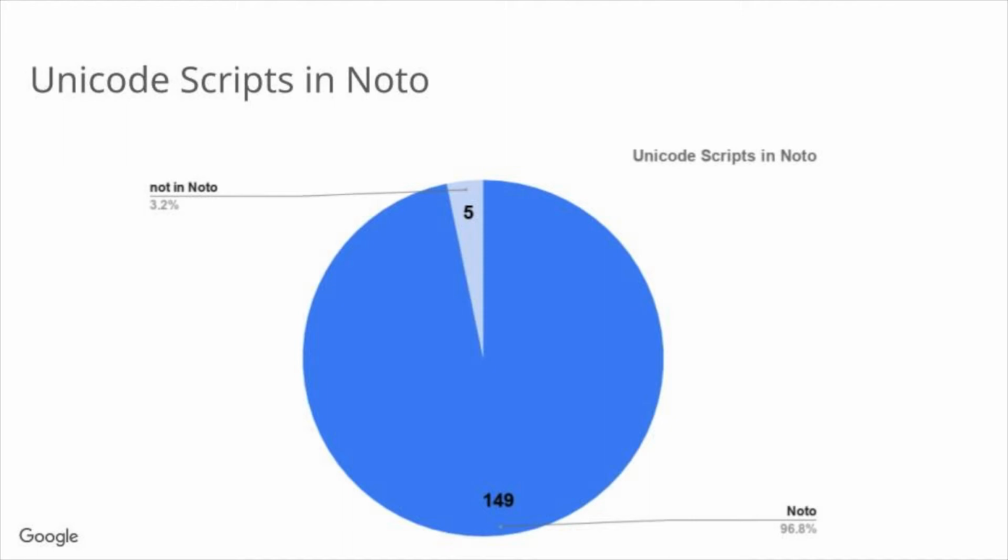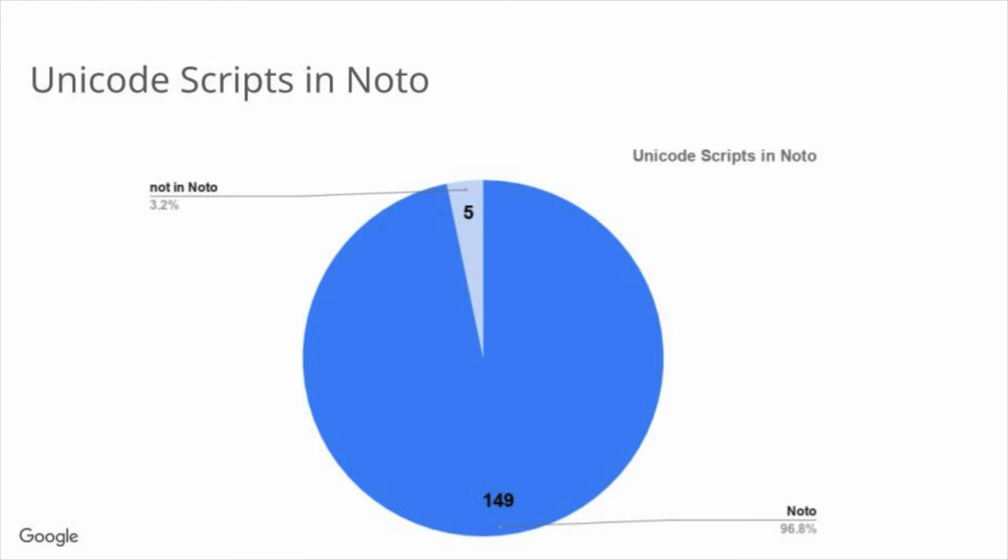Noto is solely focused on the set of languages and characters included in the International Unicode standard. In other words, if a script is in Unicode, then it has a chance to be part of Noto. However, if a script is not in Unicode, it will never be considered for Noto.